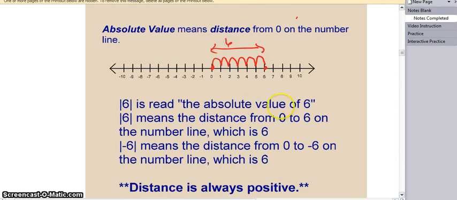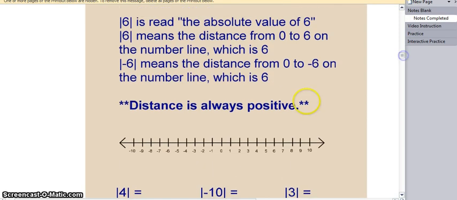So the absolute value of 6 equals 6, because the distance from 0 to 6 is 6. The absolute value of -6 means the distance from 0 to -6, which is also 6. So distance, then, is always going to be positive.